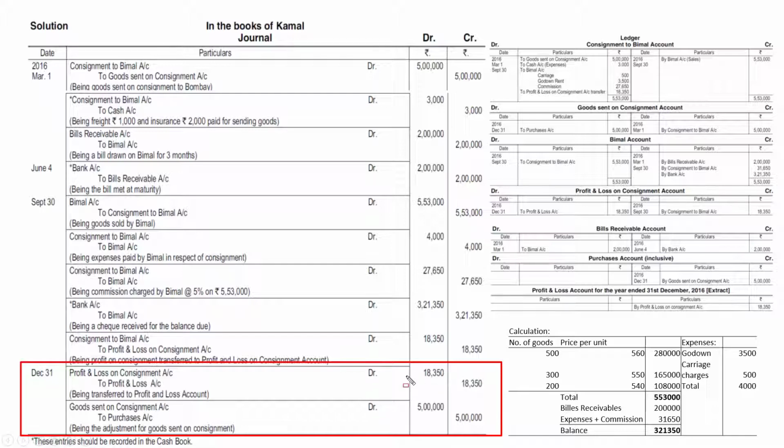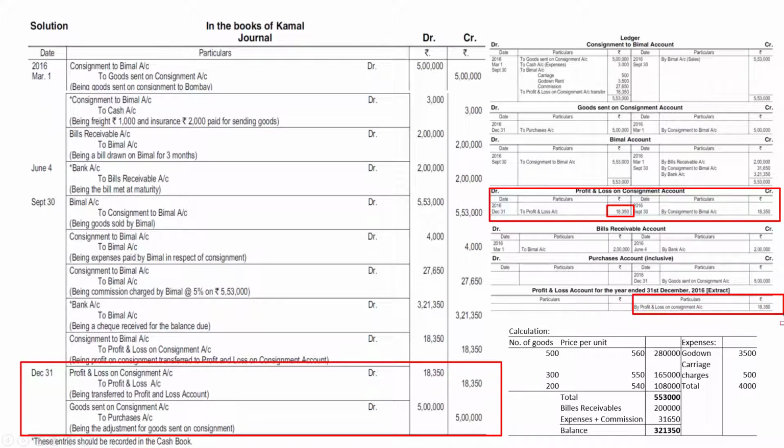The same amount, 18,350, will be debited, which is already a credit balance on the profit and loss on consignment account, and it will also be posted to the profit and loss account. So profit and loss account will be 18,350 credit.